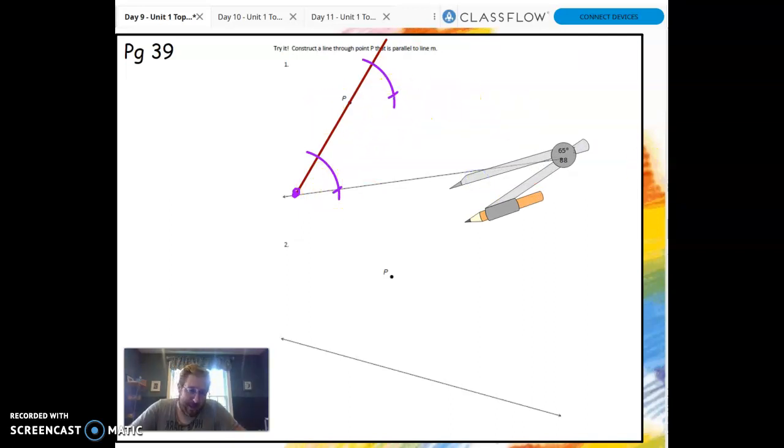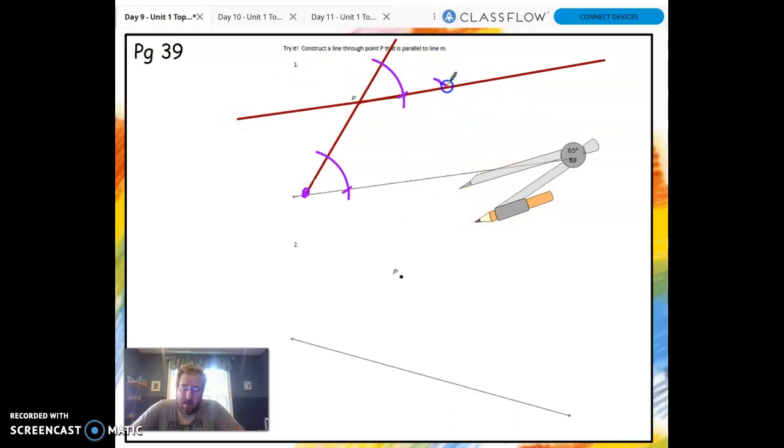So then I can connect that to point P going in both directions, and we will have ourselves a parallel line. So going this way, and I'm going to go backwards using my straight edge to connect that way. And then what we have is parallel lines. So I'm going to use my notation, put arrows in the middle of the line, and there we go. So we've got two parallel lines.